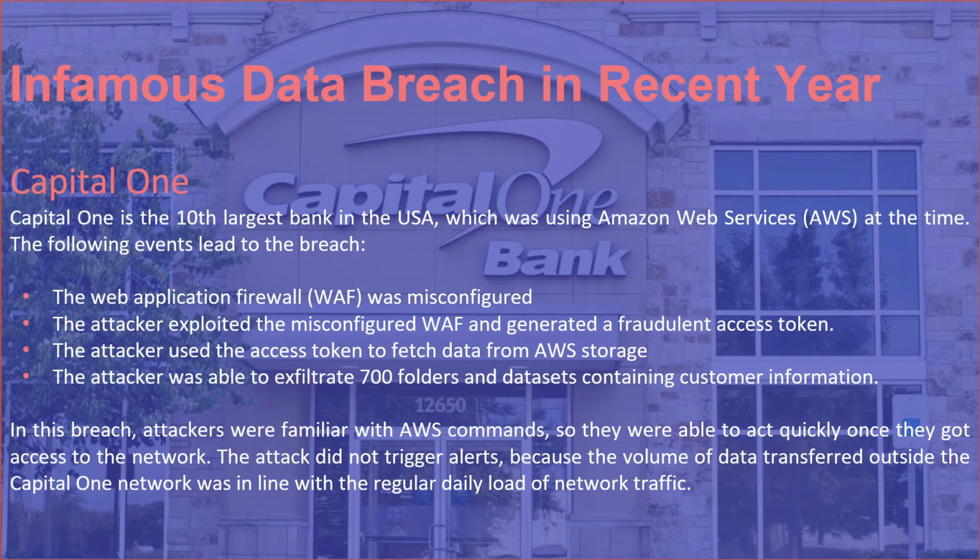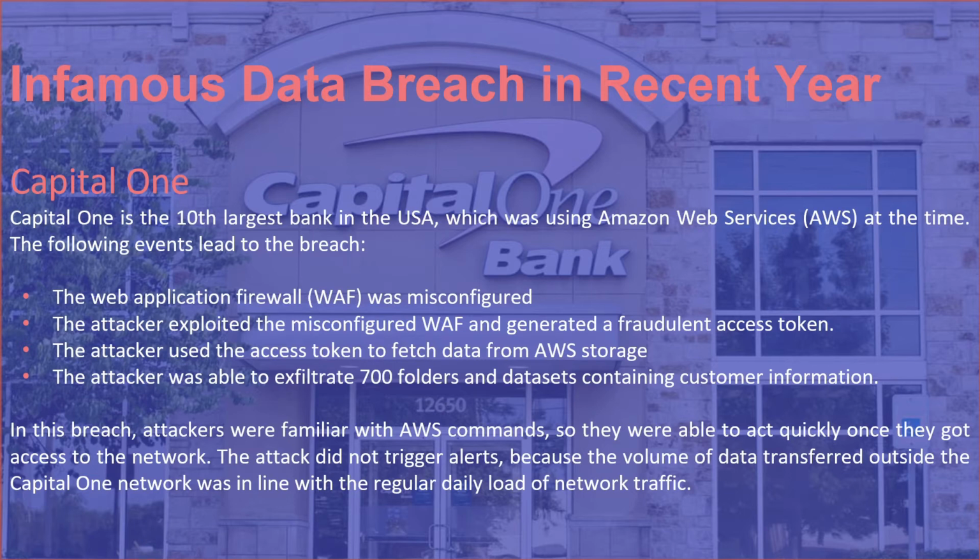So first, let's discuss why cloud security is so important. In recent years, we saw that a major data breach happened with Capital One, which is one of the largest banks in USA, where the attacker was able to get 700 folders with datasets containing customer information. This attack happened because the web application firewall was misconfigured.